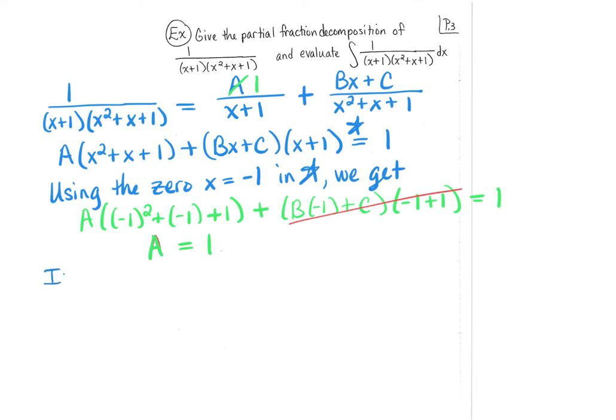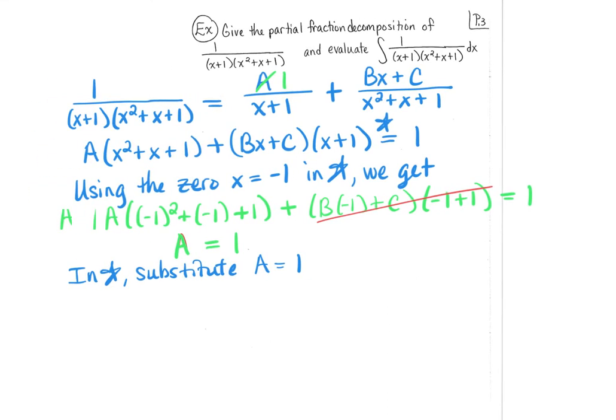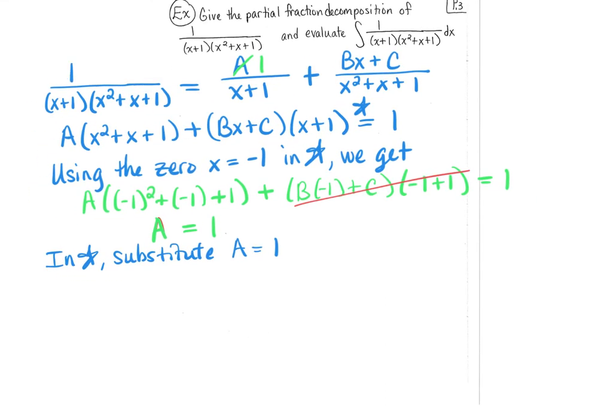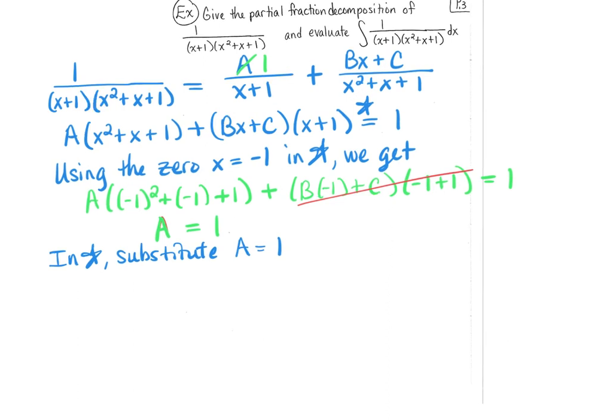So in star, substitute a equals 1. That gives us 1 times x squared plus x plus 1, which is just x squared plus x plus 1. So you could drop the parentheses there.